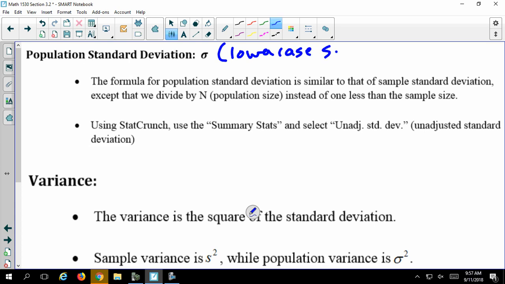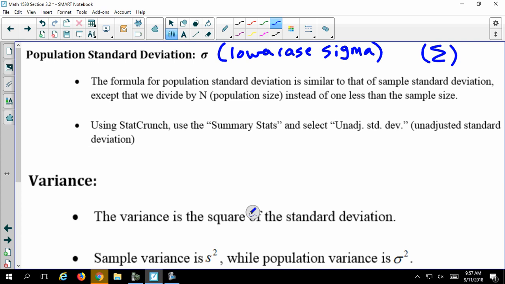Lowercase sigma. The uppercase looks like that, right? That's our sum symbol. The lowercase looks almost like an R, but it's like a fat R, or a circle with a tail on the top.